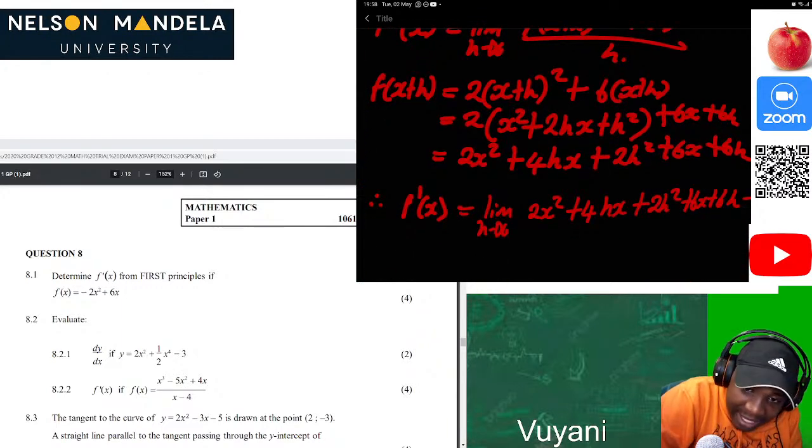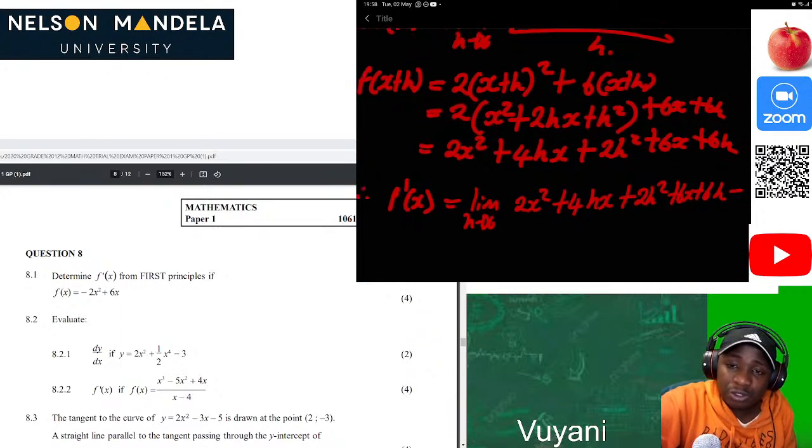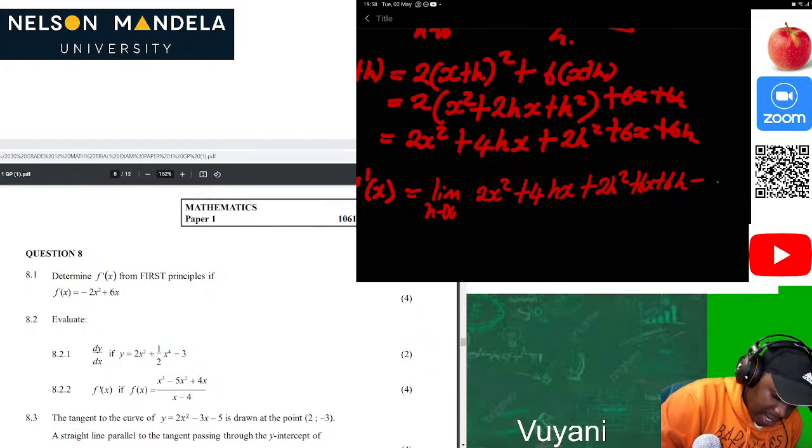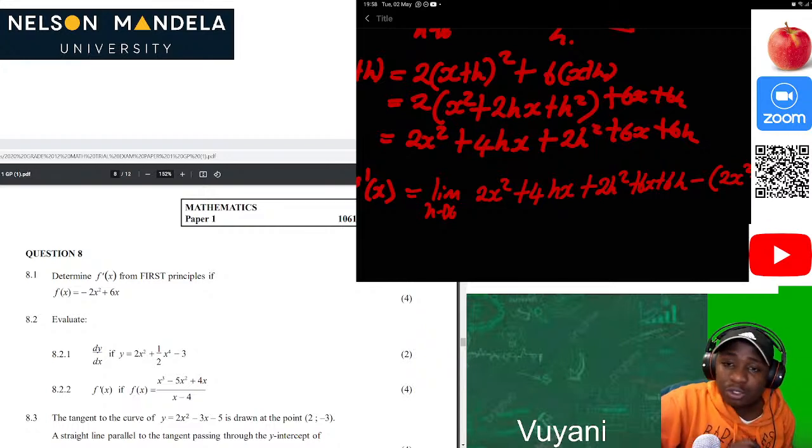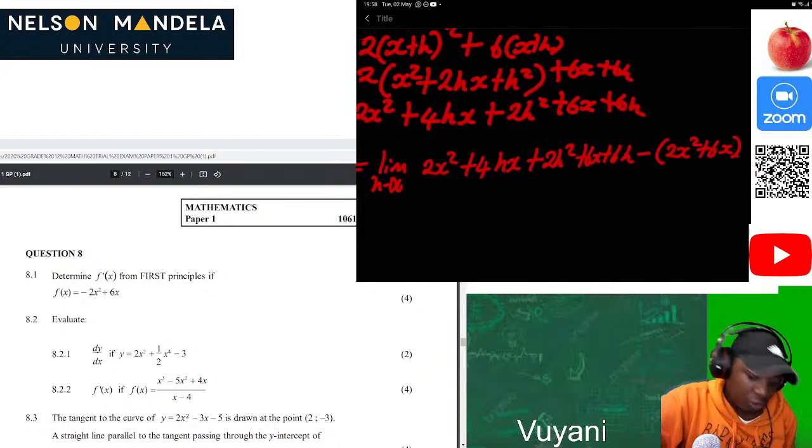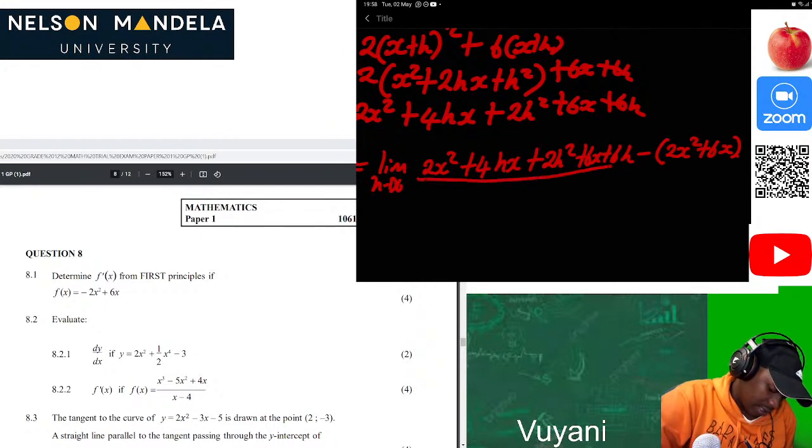So I advise that the first thing you're supposed to do at this point is to write minus, then put brackets and put the whole function of f of x. Why am I doing this? I'm doing this so that you guys don't make any mistakes. Then divide by h here.